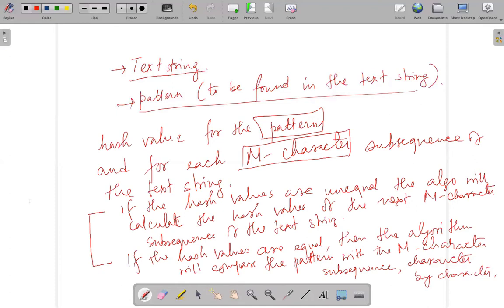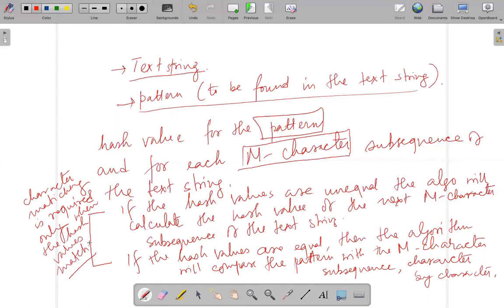So the character matching, remember this, is required only when the hash values match.